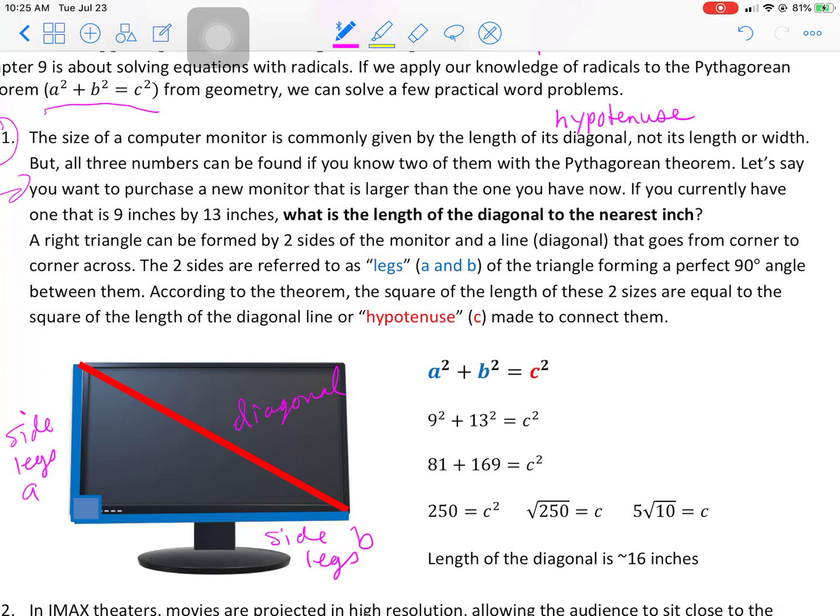It doesn't matter, which is interesting because when you aren't working on right triangles, usually the length is the longer one and the width is the shorter, and it's important which is which. When you're doing the Pythagorean Theorem, A and B are interchangeable, so that makes it easier. So the diagonal is also called the hypotenuse.